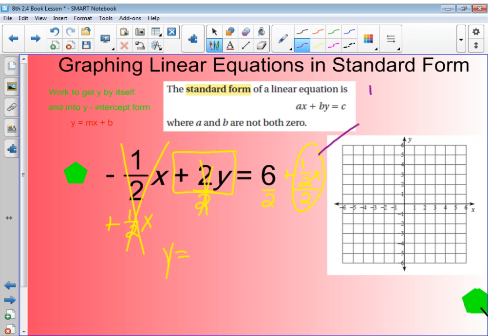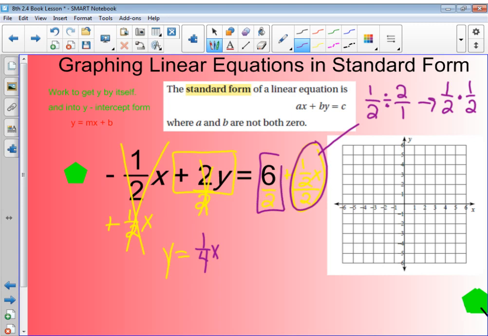We would have 1/2 divided by 2, which remember then we keep, change, flip, so it would be 1/2 times 1/2, which would give us 1/4. So this part right here is now 1/4 x. So I'm going to put that right here. And then this reduces down to 6 divided by 2 is 3, and that's positive.